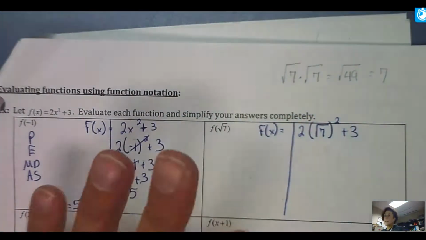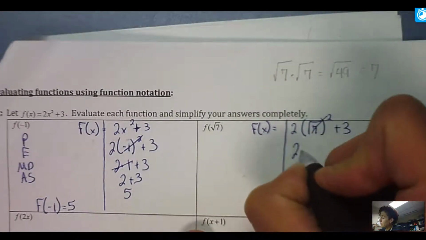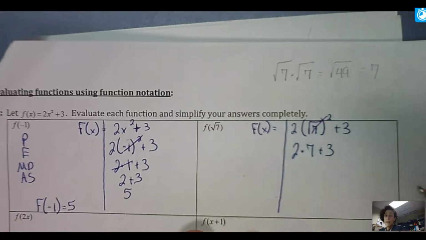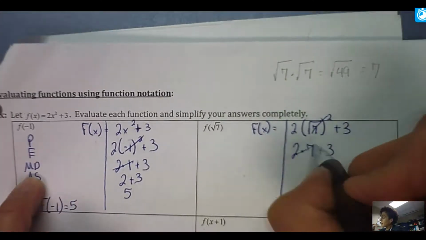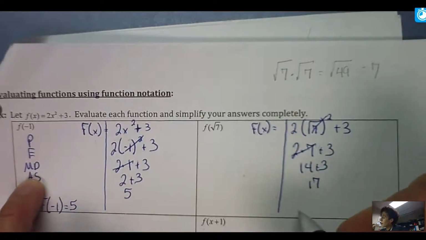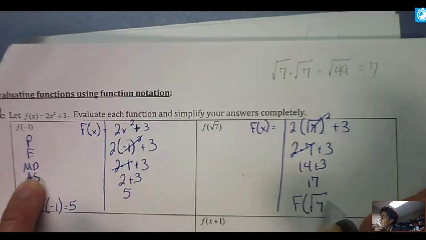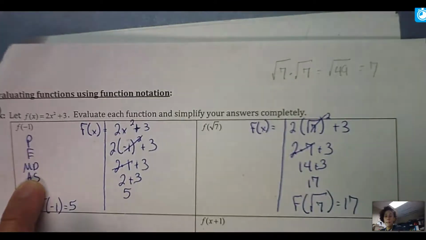If you realize the square root and the square cancel each other out, that will speed things up. After that, I'll do my multiplying because that's next, and then I'll add, and I get 17. The way we're going to write our answer is my function, when x is the square root of 7, gives me an answer of 17.